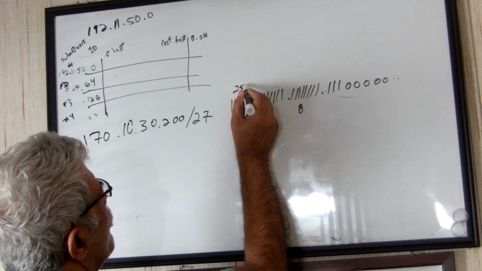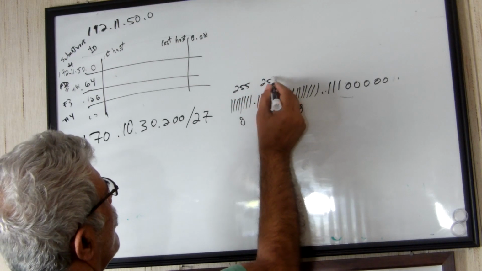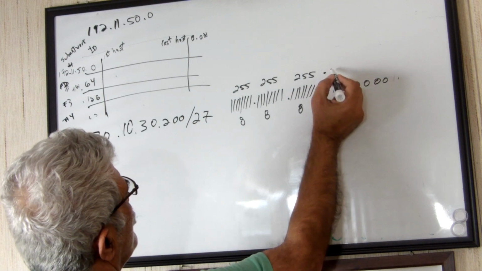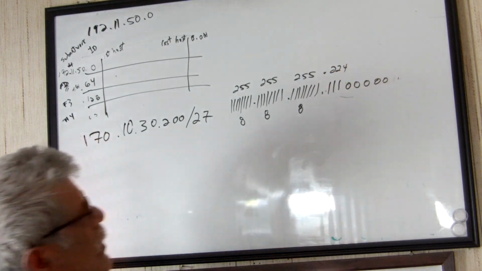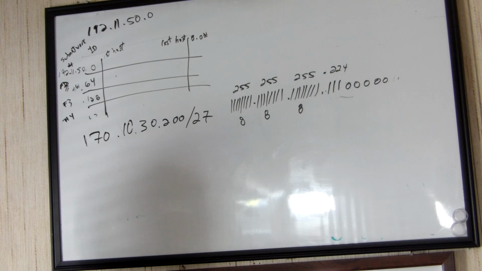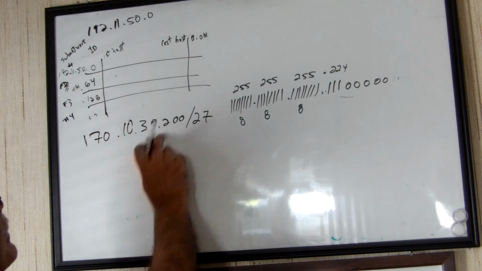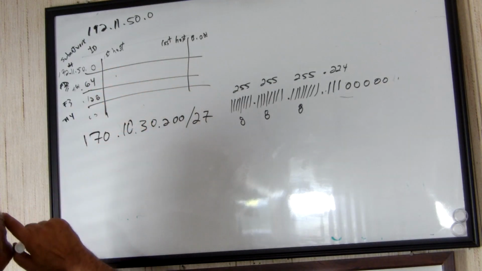You can say 255.255.255, and the last one is 224. That's the custom subnet mask, 224. Okay, so they give you an IP address here.